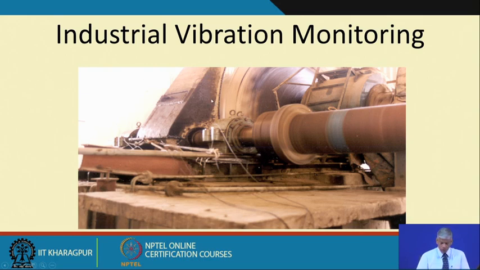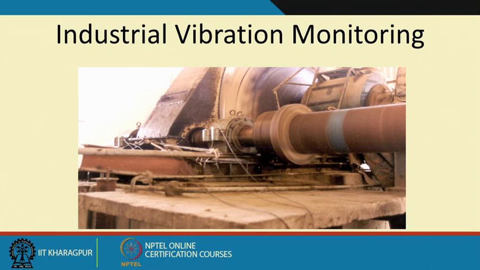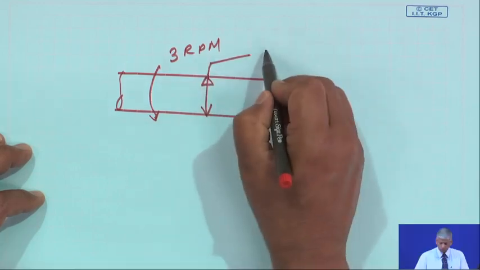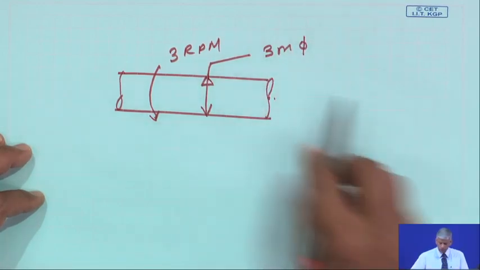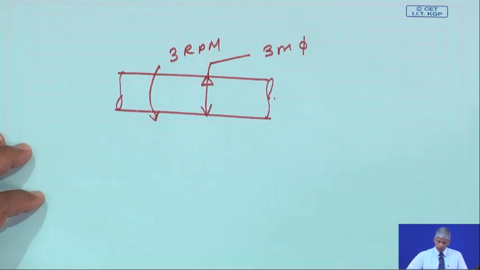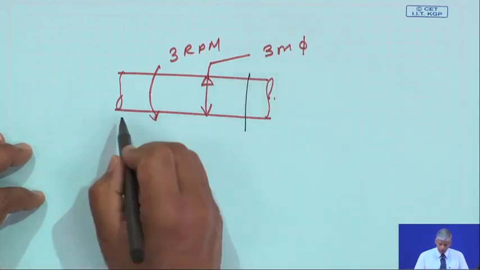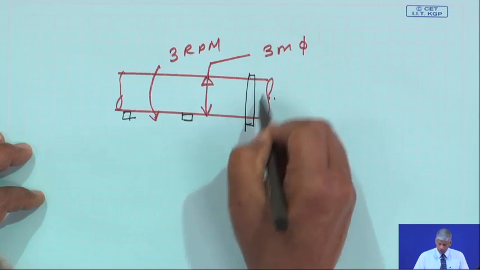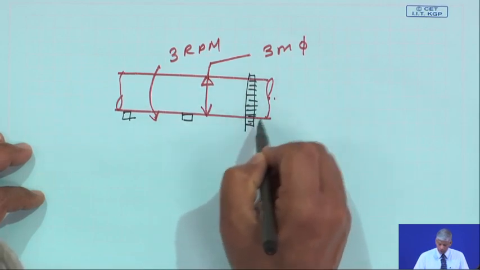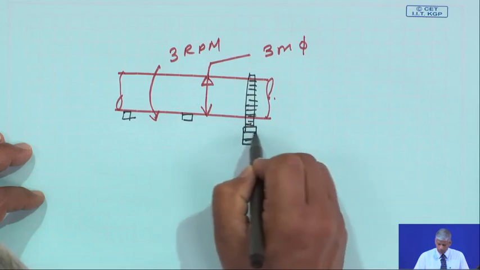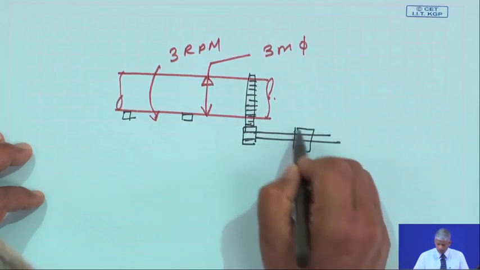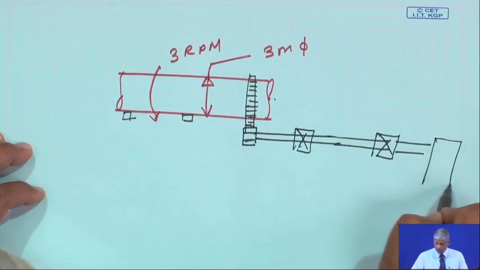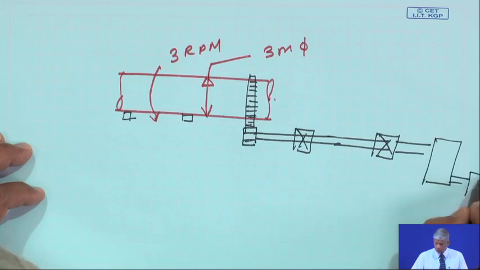If I were to draw this one view, which is rotating at about 3 rpm, a very slow rpm, and this diameter is maybe about 3 meters. And if this is rotating, there is a set of gears, and of course these are all supported on bearings, saddles. So, if I have a ring gear all around it, and onto this I put a pinion gear which is put in a long bearing, and then there could be a gearbox which is being driven by a motor.